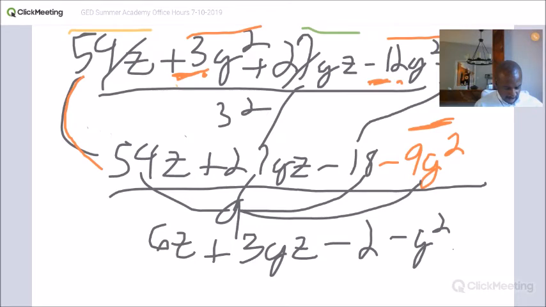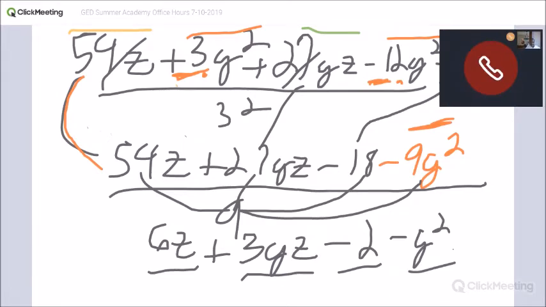And then these are the resulting terms. So 54 divided by 9 is 6z. 27 divided by 9 is 3yz. Minus 18 divided by 9 is -2. And then 9 goes into -9y squared a minus 1y squared. So we don't put the 1, so it just stays y squared. Right, right.